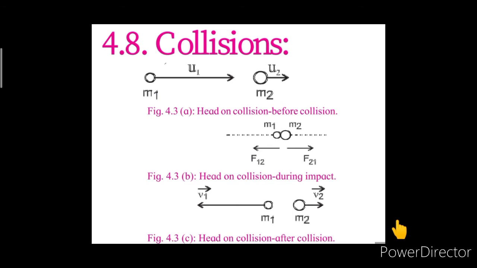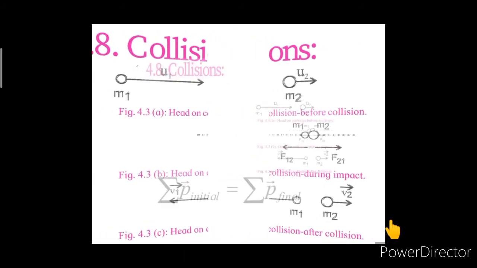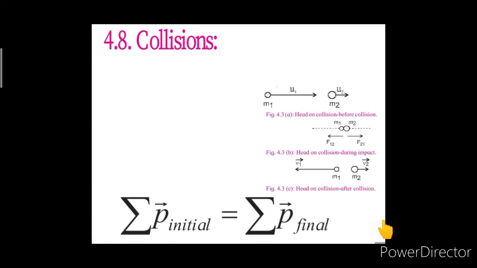However, the individual momenta of the particles change due to the mutual forces, which are internal forces. Hence the total initial momentum of the system is equal to the total final momentum of the system during any collision or explosion, where P indicates the total linear momentum of the particles.